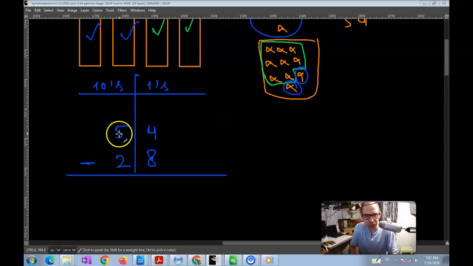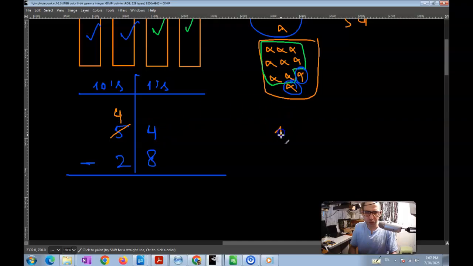So what I'm going to do is cut one of these open, meaning that I have 5 groups of 10. I will take one of them away. So I will be left with 4 groups of 10. And now I have one group of 10 in the buffer. Now one group of 10 would be the same thing as 10 groups of 1, or a 10, right?